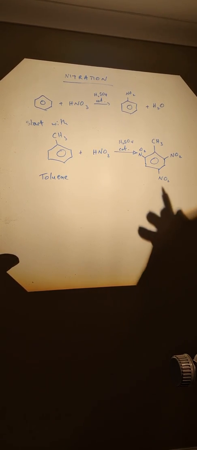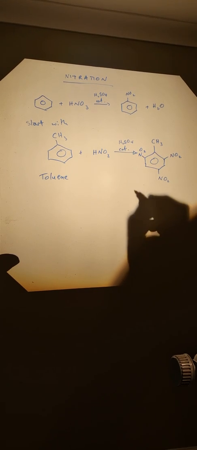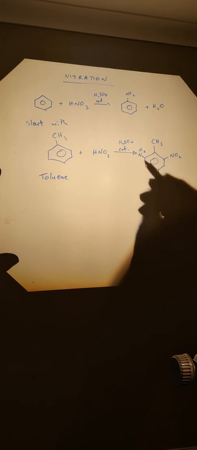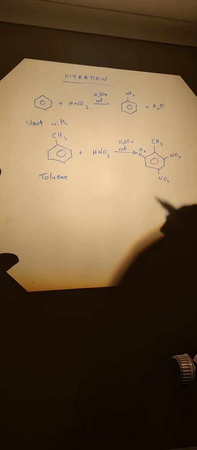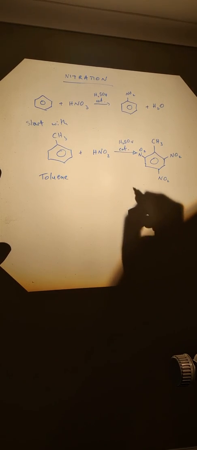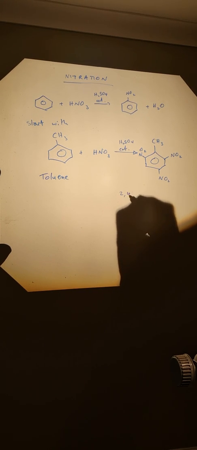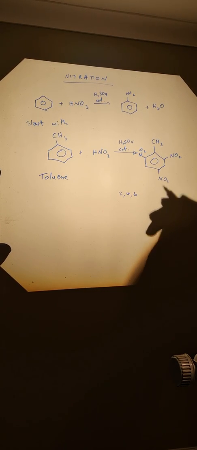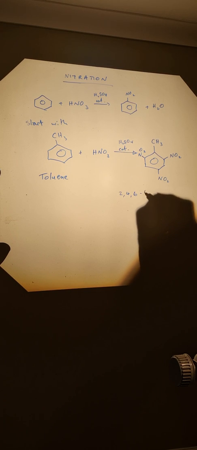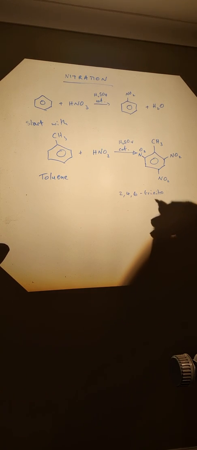So what do we call this? Well, the nitro groups are at the 2, 4, 6 positions. You could call it 2,4,6-trinitromethylbenzene, but I want to call it trinitrotoluene.